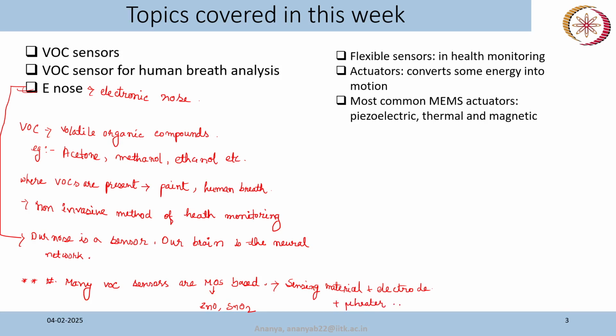Now how a microheater is integrated with the sensor was discussed in the class this week and in the previous week also. You first make the microheater, and on top of it you deposit an insulating layer, so that the heater is not in direct contact with your electrode or your sensing layer. It does not interfere with the sensing performance.